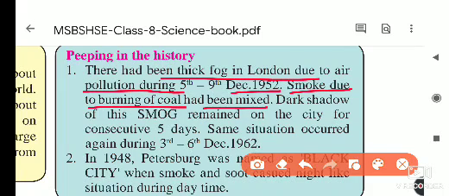From the fog, FOG, and smoke, SM, they took the word smog. It remained in the city for five consecutive days, and the same situation occurred again on 3rd to 6th December 1962. So because of air pollution, such a situation arose in London.